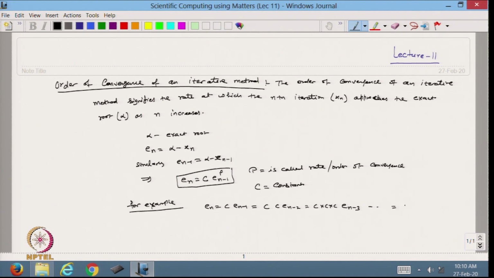In the end I get n factors of c times E0. So if I have a linear order of convergence, the value of p is equal to 1, and En is equal to c to the power n times E0. Whatever the initial approximation I have taken, this is the error at the initial step, and I multiply by c raised to power n to get the error at the nth step.